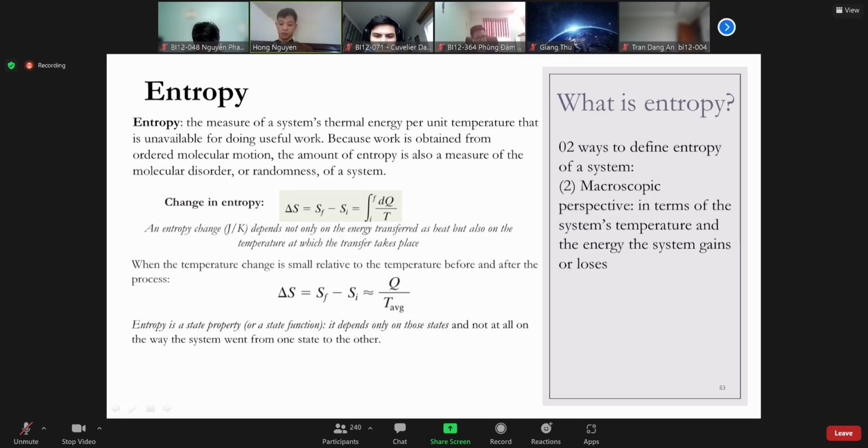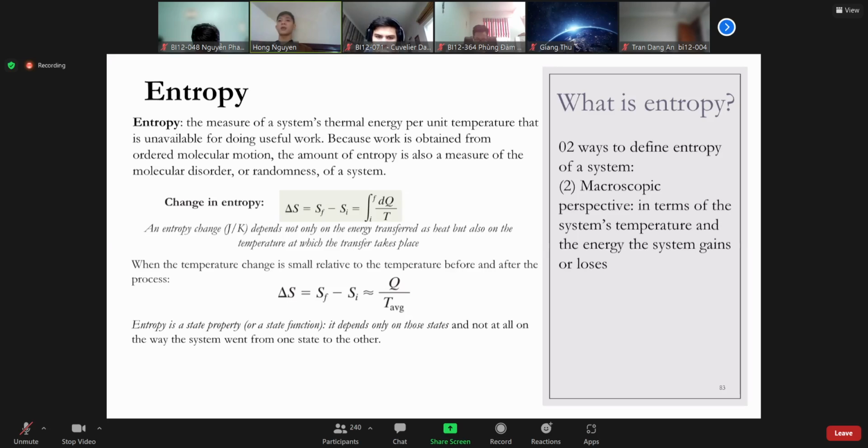And here, after a lot of experiments, we prove empirically that entropy is a state property or a state function. Actually, a state property is also called a state function. So the entropy depends only on those states and not at all on the way the system went from one state to the other.